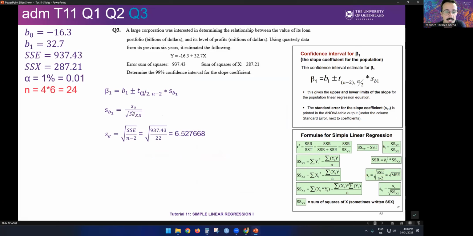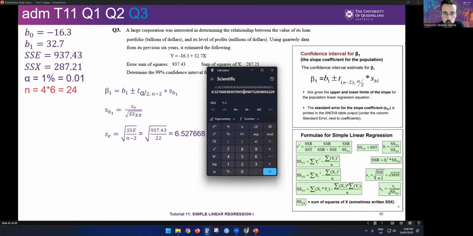Now we can replace it here. SS_XX, we have to calculate S_e. So we have S_e, put it there. So this value we calculated divided by SS_XX is 287.21. But we don't want it this way. We want the square root of it.